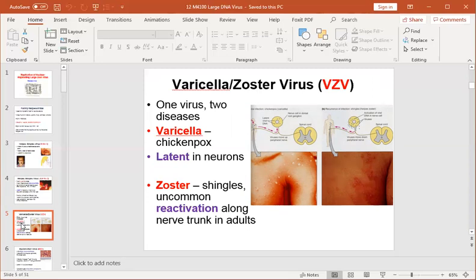The virus remains latent in neurons, whereas the zoster virus causes shingles, which is usually uncommon, but we see reactivation of the virus along nerve trunks in adults. So basically, you see a series of blisters along the path of a nerve in adults. Very painful because it damages the nerve.